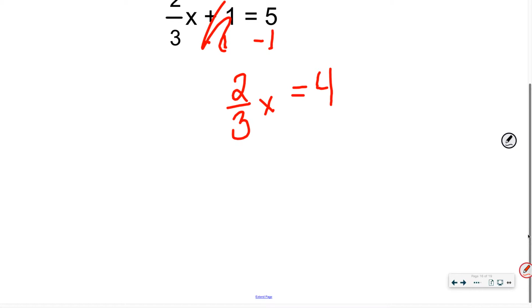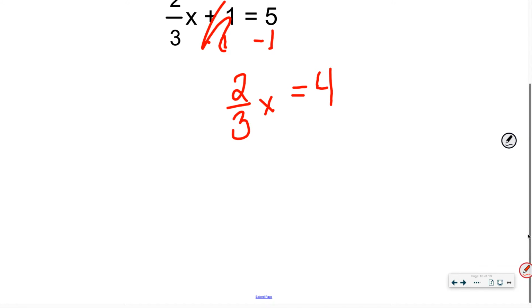In order to get that variable alone, if I'm multiplying it by 2/3, what should I do? What's the inverse of multiplying by 2/3? What's the opposite of multiplying by 2/3? Dividing by 2/3. Be careful what you're doing.